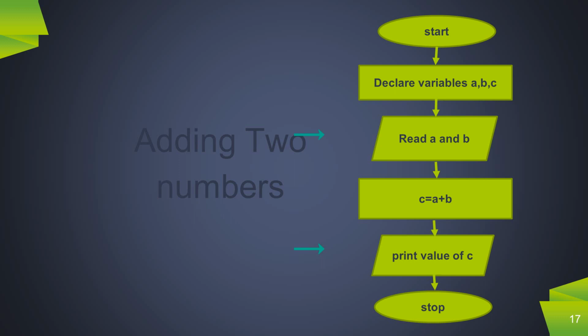That is used for input, and below the processing box I have also shown the same parallelogram shape for the output. So for the input and for the output we'll be using the parallelogram shape. After printing the value of c, my flowchart is stopped and I have shown the same step with the oval shape.